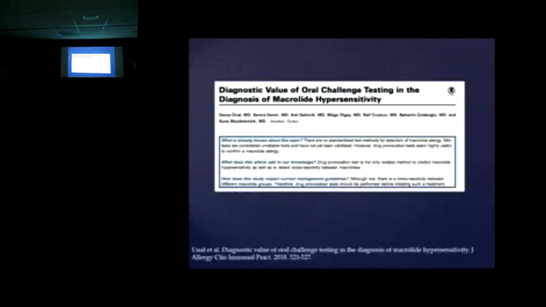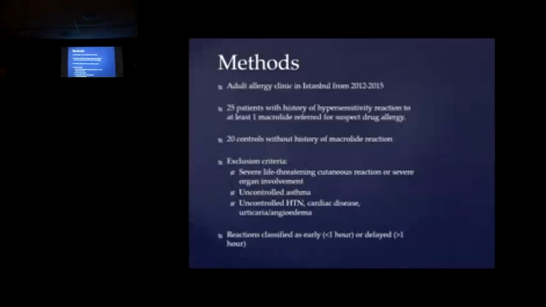So the first article I'm going to discuss was titled Diagnostic Value of Oral Challenge Testing in the Diagnosis of Macrolide Hypersensitivity. This study was done in Turkey, and for the studies that I'm going to go through today, I'm going to point out where they're from because you're going to see that most of them were not done in the U.S. And so that may limit some of the generalizability to our population.